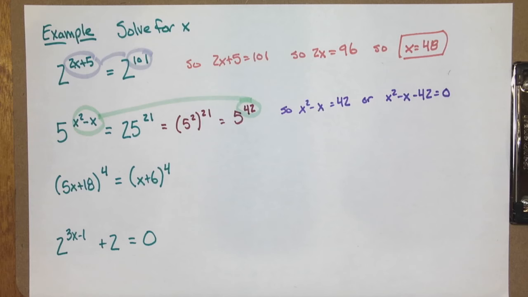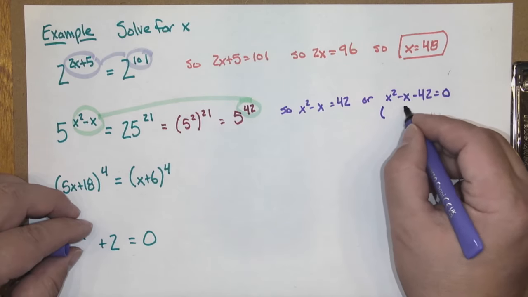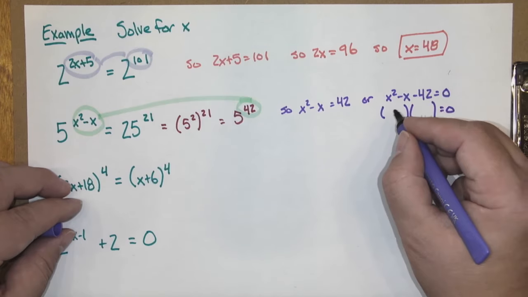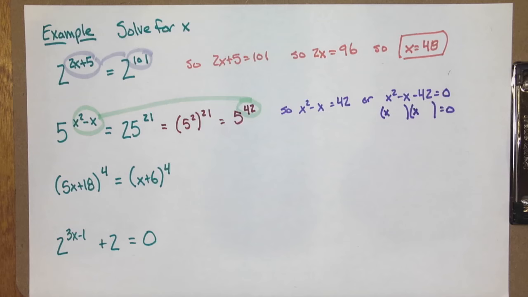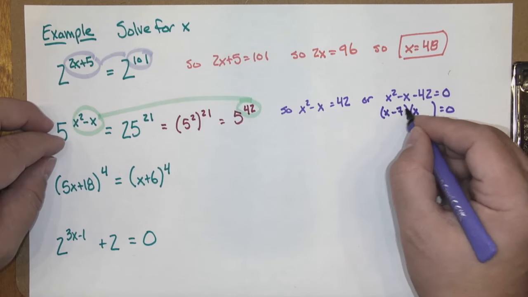Move everything over to one side. x squared minus x minus 42 should be 0. Does this factor? Yes. Someone told me yes, so I'm going to write it like it's factoring. Since we see x squared will be x and x, what else do we have? x minus 7, x plus 6.